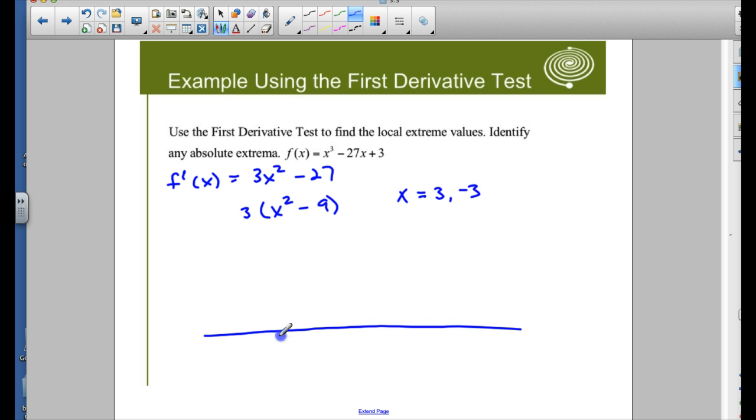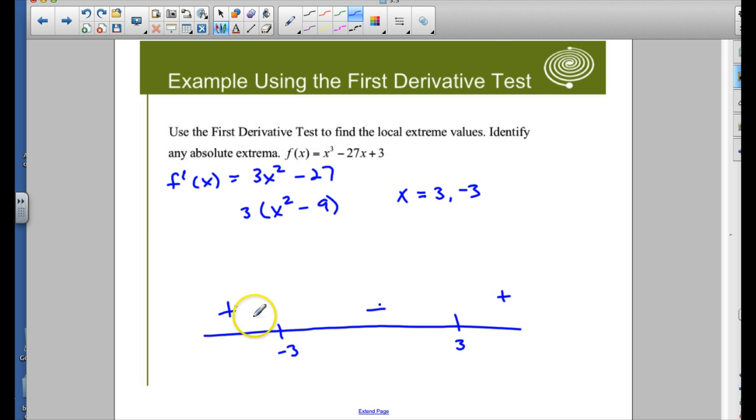So I'm going to put those on a number line. Negative 3 and 3. Now from here, what's happening to my derivative on this side? My derivative at negative 4, I can plug in here, is 16 minus 9, which is positive. If my derivative here is, let's say at 0, negative, and my derivative over here is going to be, oh, that's a big negative. This is negative, and this is going to be positive.